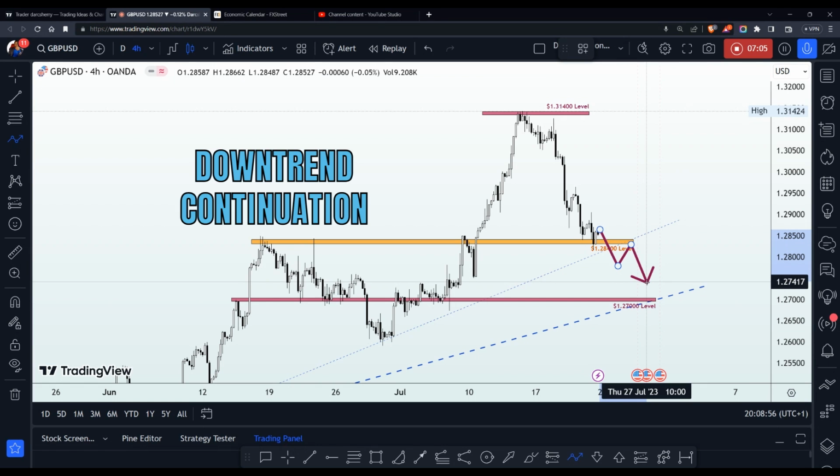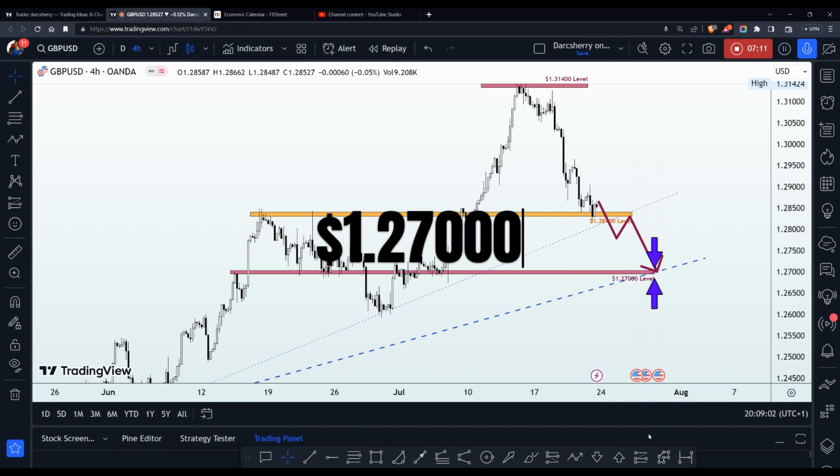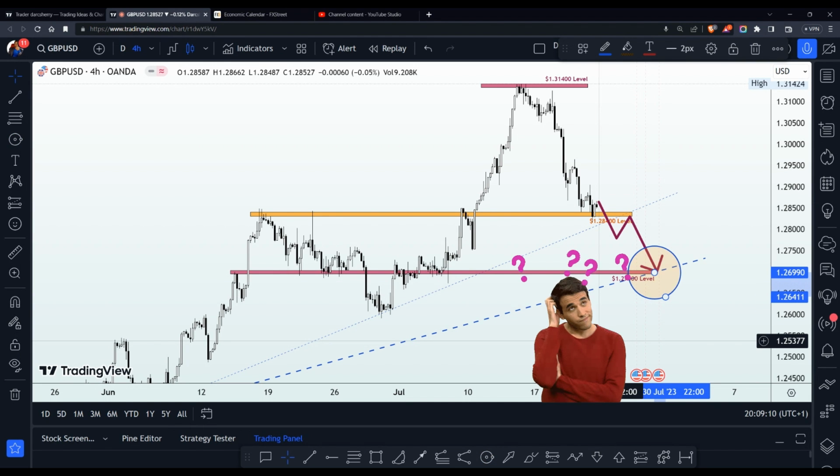But one key note here is that we have another bus stop at the 1.2700 level, which of course shares a confluence with that major ascending trend line, where it is very important for us to remain patient around this area to see how price action will react to that level.